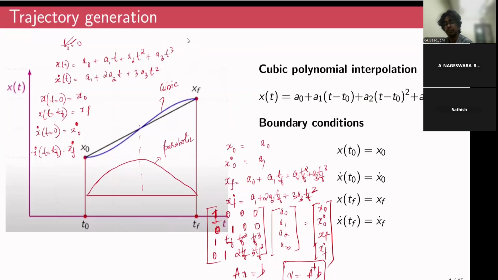And if you again differentiate your velocity profile with respect to time, you will get the profile for acceleration, which would be linear, right? If you differentiate a second order polynomial with respect to time, you will basically have a linear equation for acceleration.